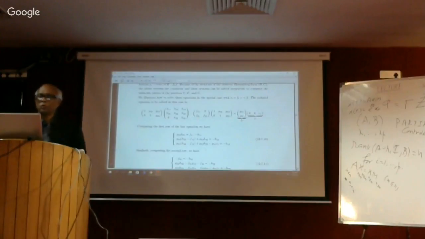So y12 we can compute here. Just divide by h21. So you can compute y12 from equation number 1. Once y12 is computed, you can compute y13 from the second equation.